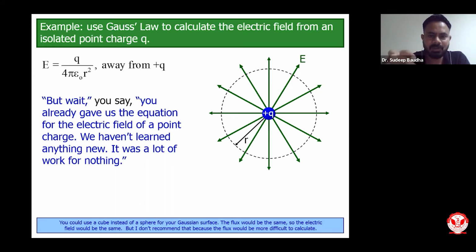But Gauss law gives you the flexibility that we can directly calculate electric field due to some particular charges on a particular volume without actually integrating over the entire geometry. So that is what we use Gauss law for.